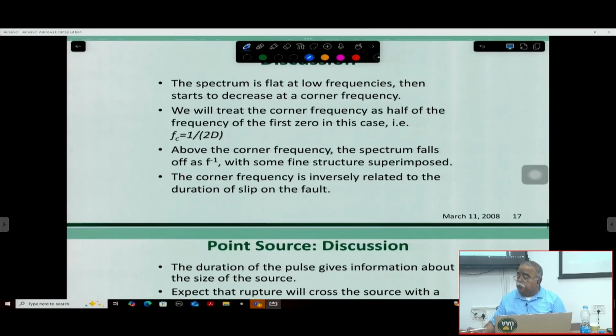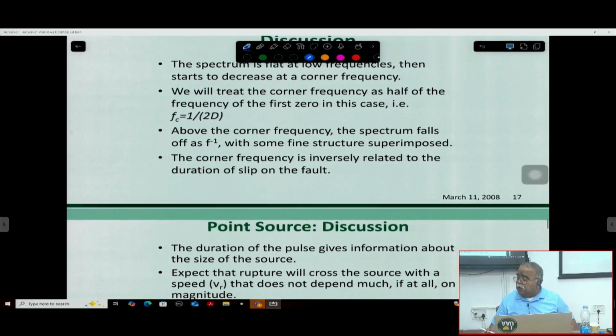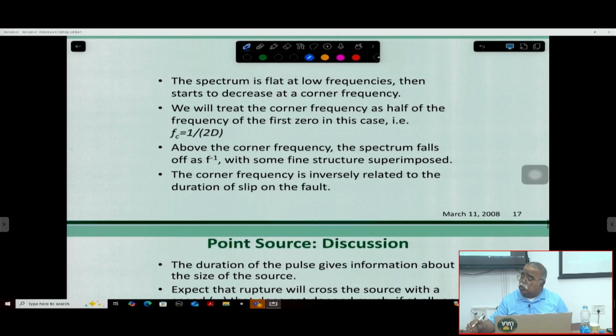So this is the discussion we have had so far. The spectrum is flat at low frequency, then starts to decrease at a corner frequency for the displacement pulse. And we will treat this corner frequency as half of the frequency of the first zero in this case. So it will be equal to 1 by 2d.